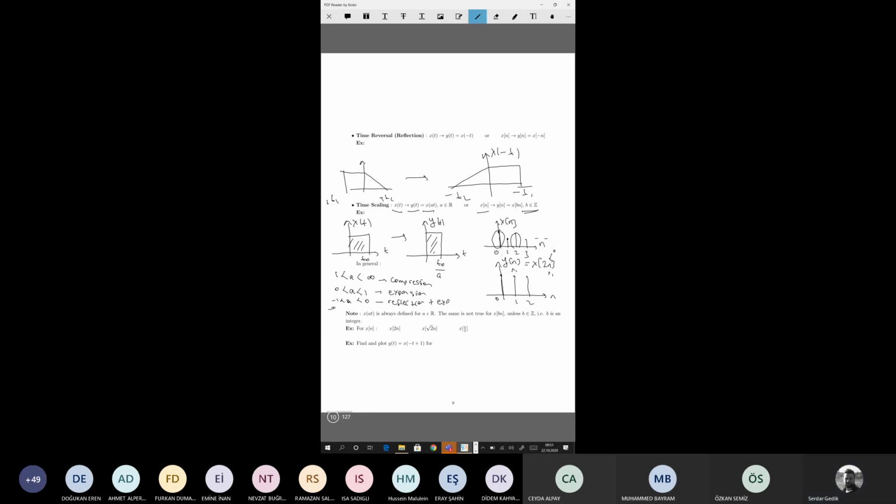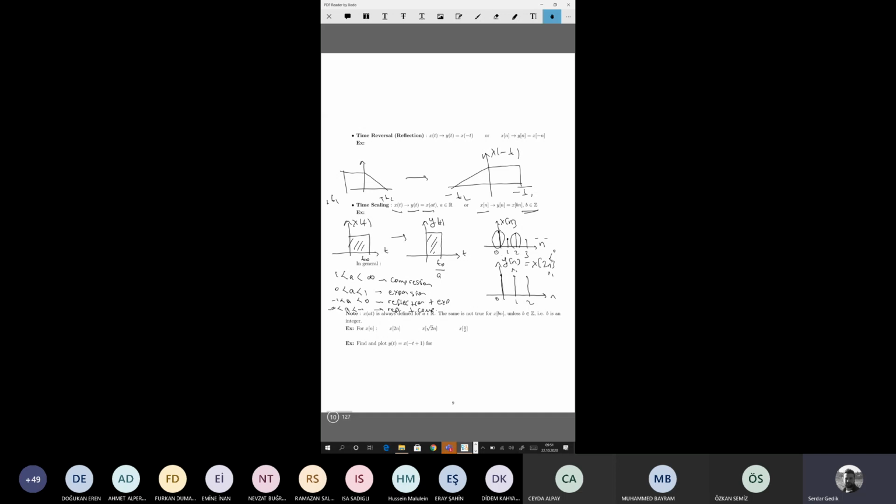And if a is in between -infinity and -1, then we have reflection plus compression. So depending on the sign of a, we have reflection or not. Depending on its absolute value compared to 1, it is either compression or expansion. Actually, I will have an example for all of those cases.